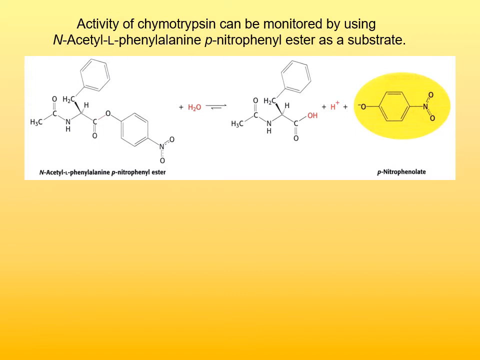But in the ester form, when this oxygen of p-nitrophenolate is attached by a covalent bond to carbon, the compound is colorless. It's only when the leaving group, the p-nitrophenolate group, leaves that yellow coloration occurs. So from the intensity of the yellow coloration of the solution, we can determine the extent of the reaction. So the activity of the enzyme is very easy to monitor.